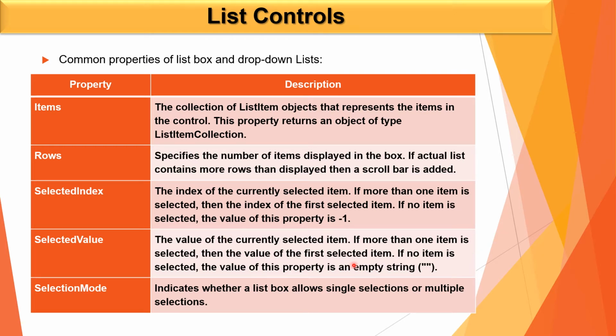If more than one item is selected, the value of the first selected item will be taken, and if no item is selected, the value of the property will always be an empty string. Now the SelectionMode indicates whether the list box allows single selection or multiple selection. So these are the common properties which are applicable to the list box as well as the drop down list.